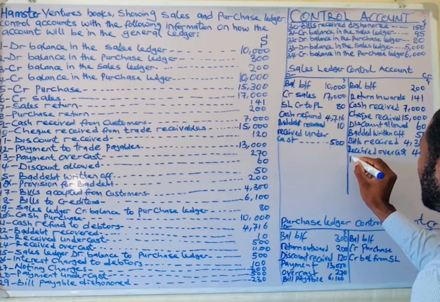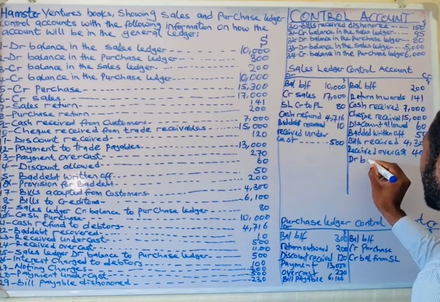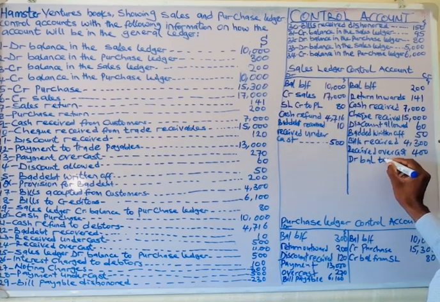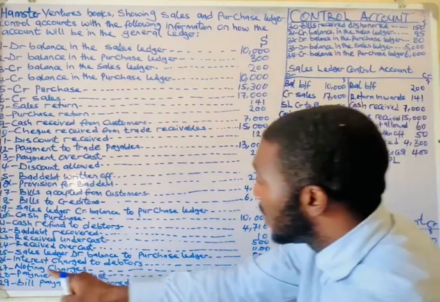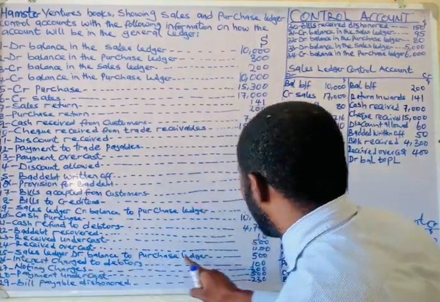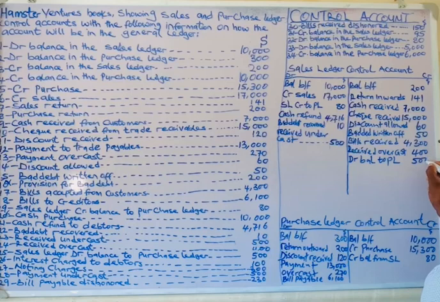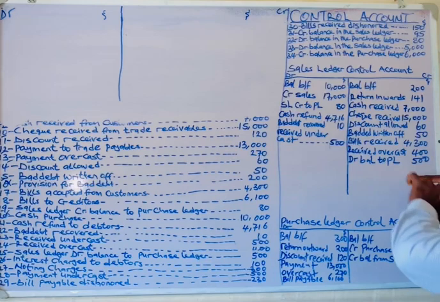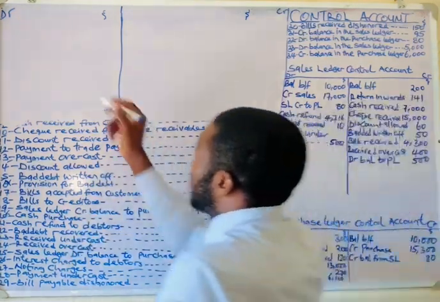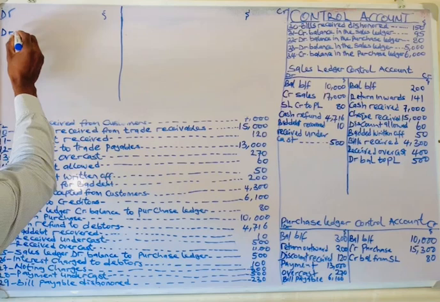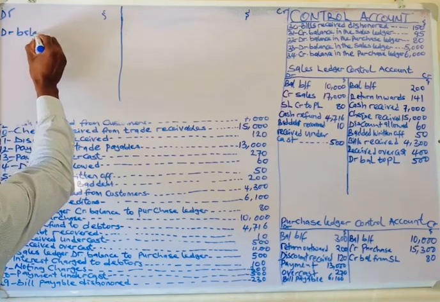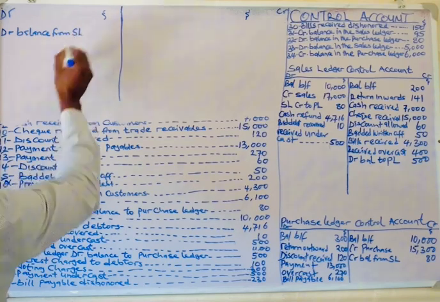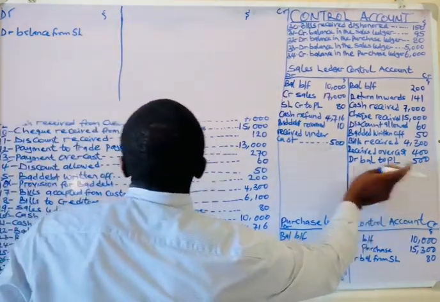That is debit balance of this ledger to purchase ledger, and it is $500. So you go to your purchase ledger. Since this account is at the credit side, it will go to the debit side and say debit balance from sales ledger, and it is how much? $500.